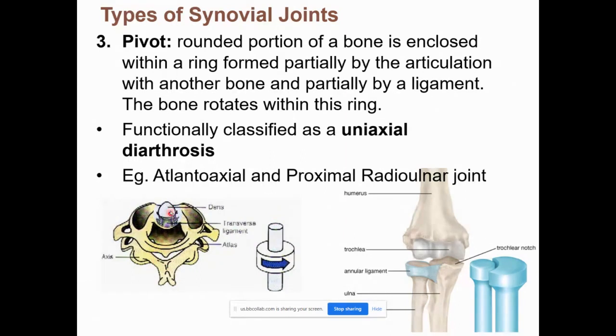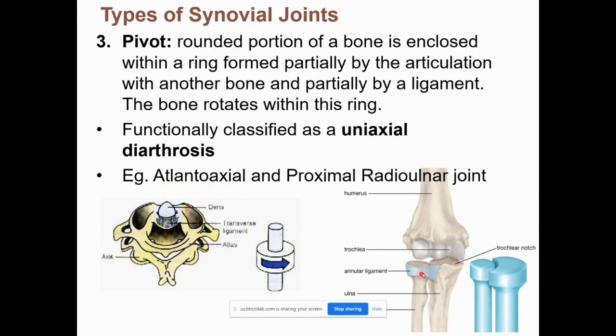There's axis with the dens of the axis, and atlas rotates on axis, which you should be very familiar with from last unit, right, from lab as well, and that rotation is on the transverse plane. Like you can see right here, this geometric representation of the atlantoaxial joint. Atlanto is the word element for atlas, which is a little bit weird, but that's just how it is.